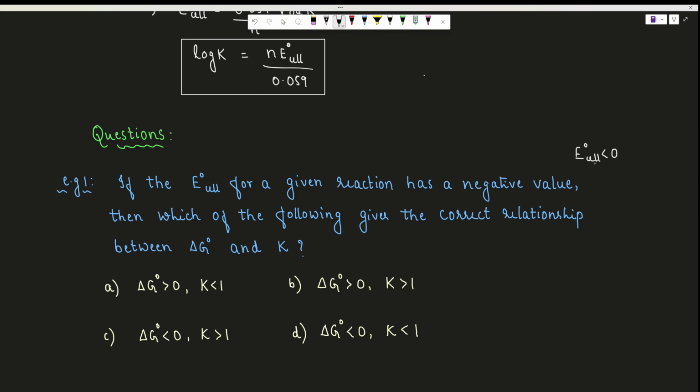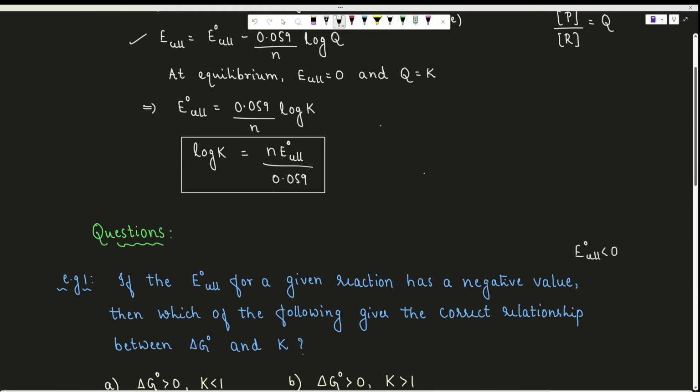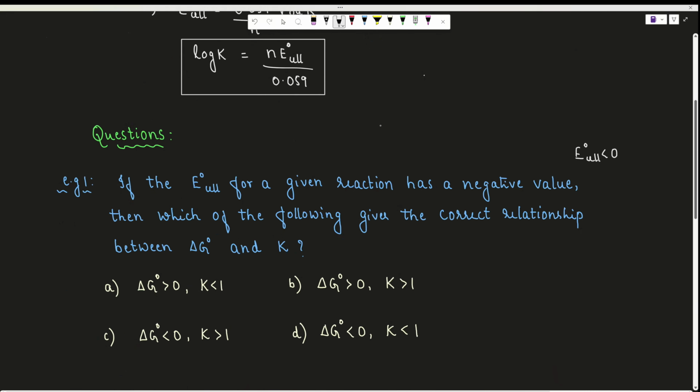When E naught of cell becomes negative, see this equation: negative into negative becomes positive. So delta G naught becomes positive here, so delta G naught will be greater than 0.